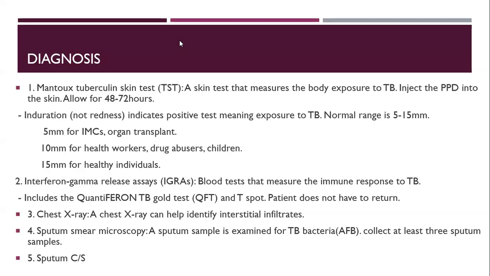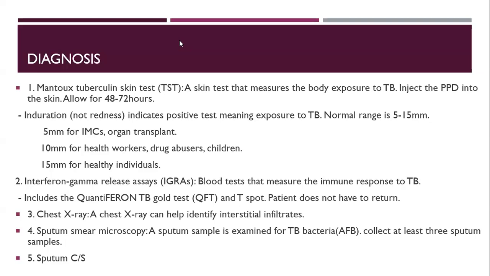Then we health workers, nurses, doctors, lab technicians, drug abusers, those who inject themselves with cocaine and the rest, and children whose immune systems are not strong, should be 10 and above. Any ordinary person who is not a health worker, not immunocompromised, not a drug user, needs 15.